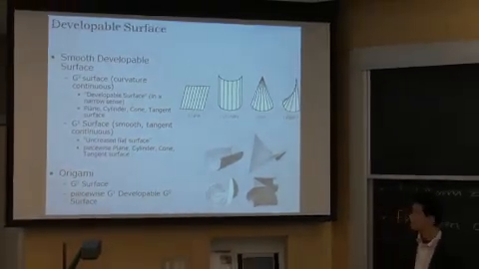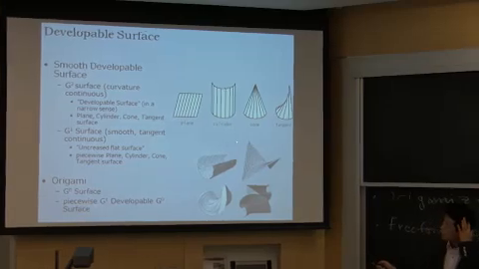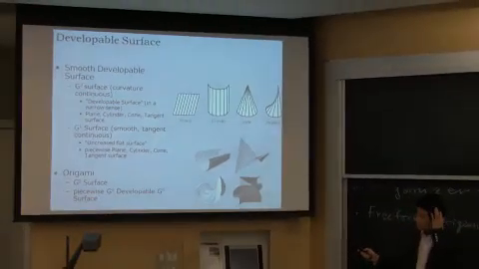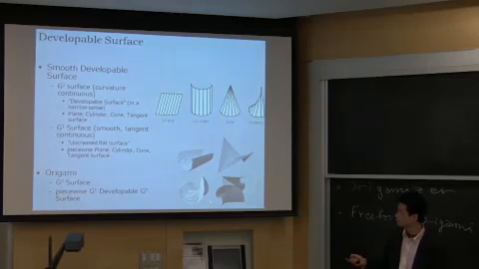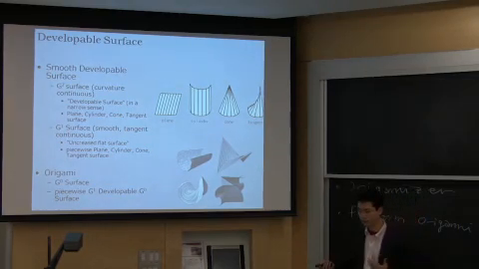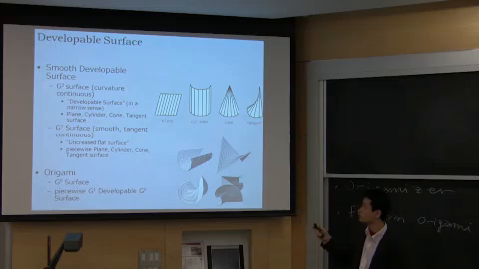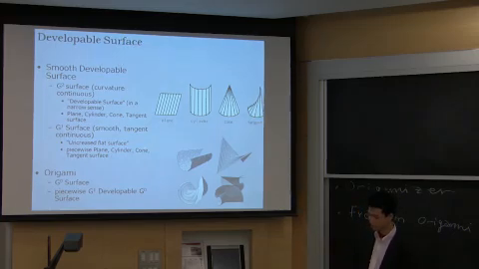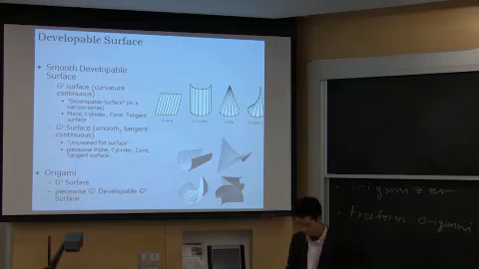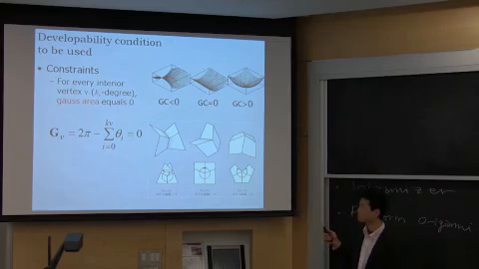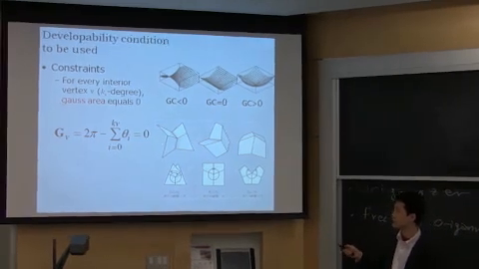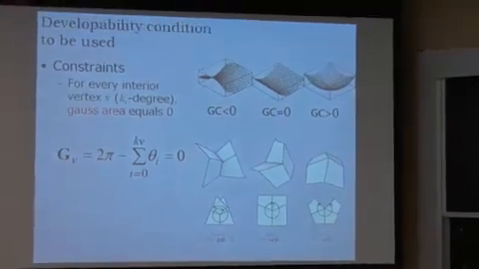Actually, we are not thinking of a smooth surface, but of a piecewise linear surface, which allows variation. A smooth developable surface is only allowed to be in these forms, but we have lots of different form variations if we allow creases. Even in this case, we have to think about Gauss curvature.